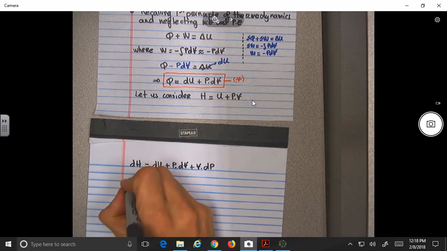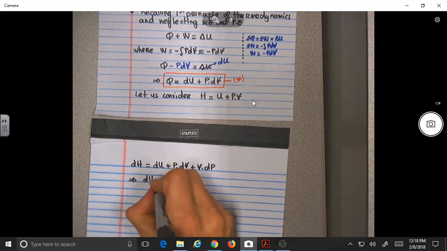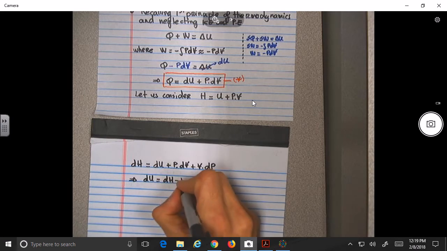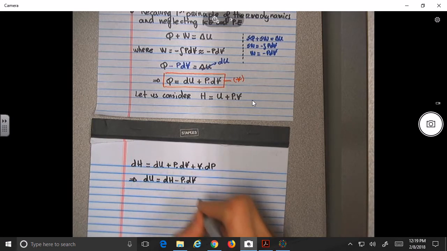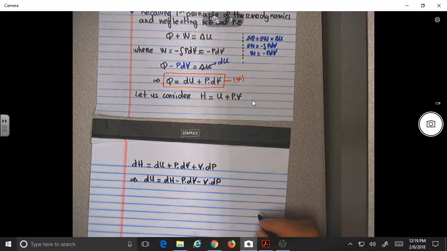So now I could come here and say dU will be equal to dH minus P dV minus V dP.